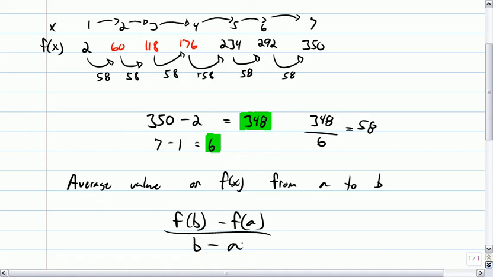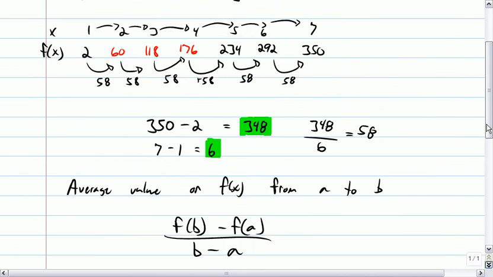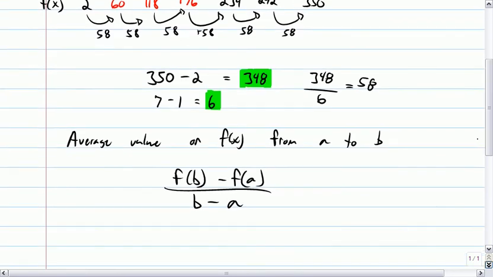And we got 58. Okay, so the average rate of change for our function is 58. Now, 58 is the slope of a line. It's actually the slope of the line that connects the ordered pair 1, 2, and the ordered pair 7, 350.